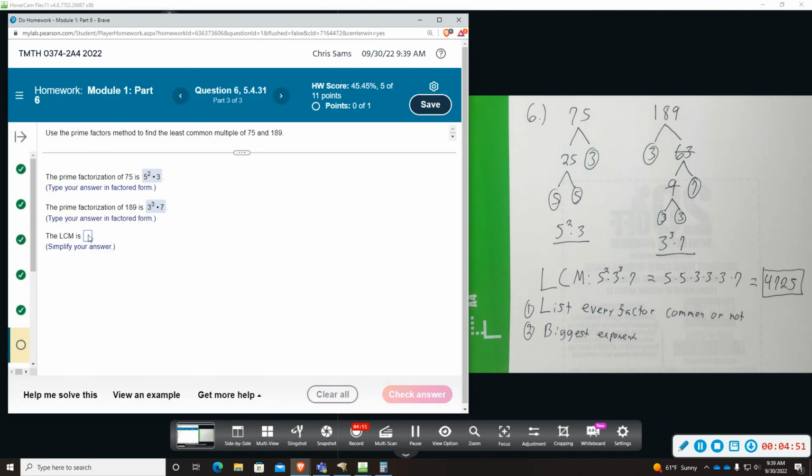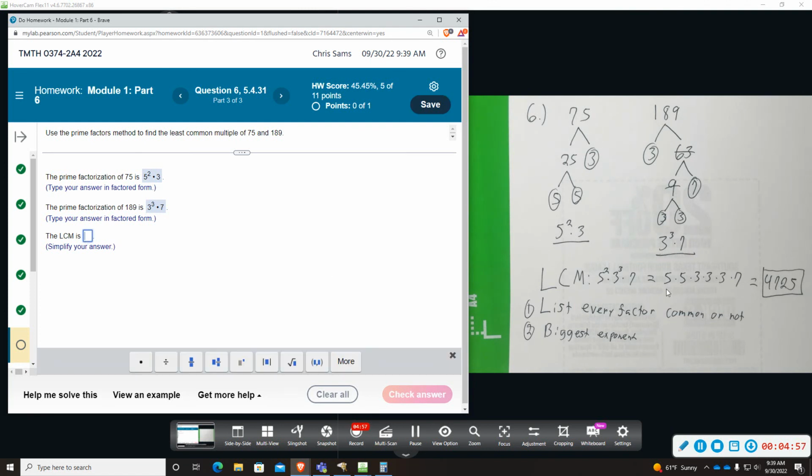Okay, and then the least common multiple. So they don't want it in this form. They want the actual number. I think if I write it like this, they're going to tell me that it's equal to the correct answer, but not in the correct form. So let me just show you that real quick. 3 raised to the third, and then times 7.